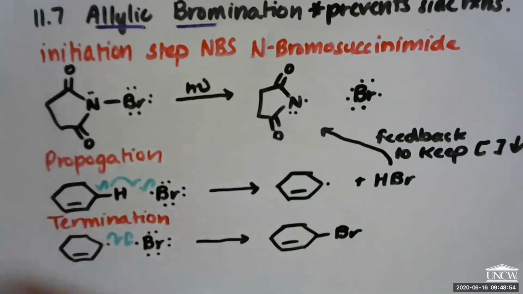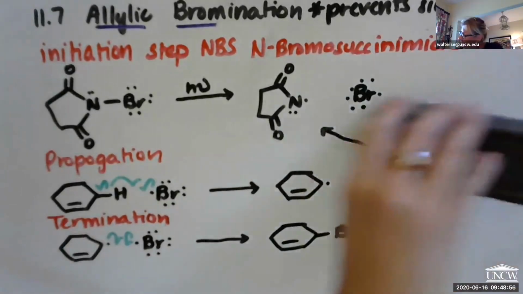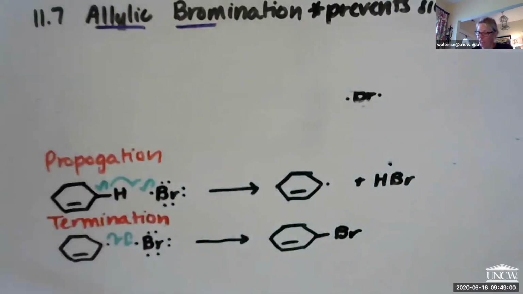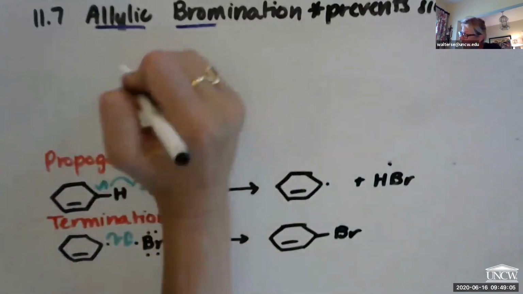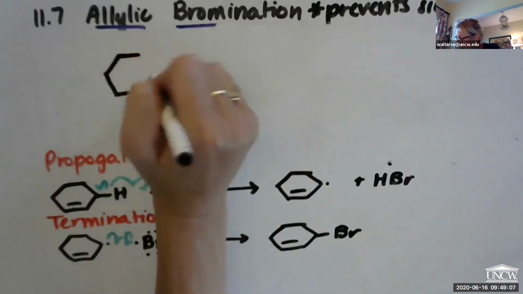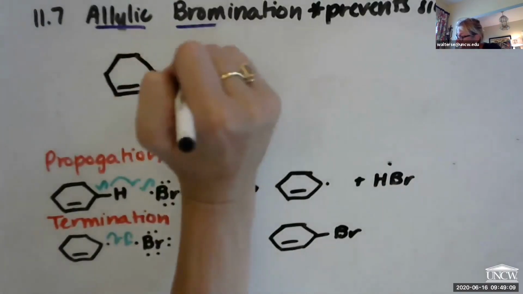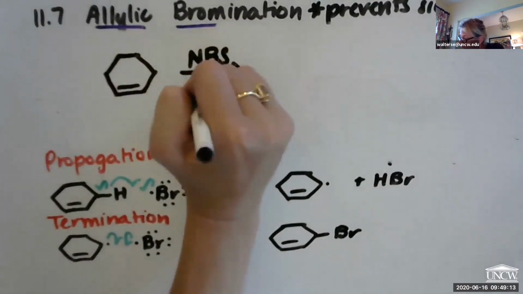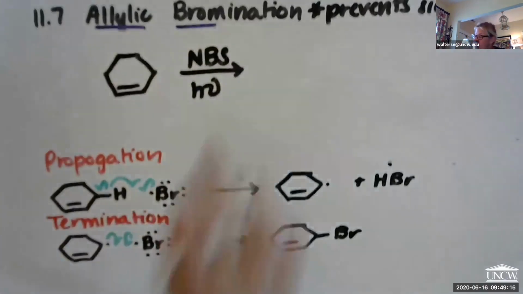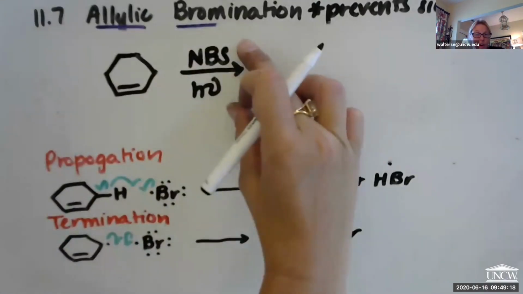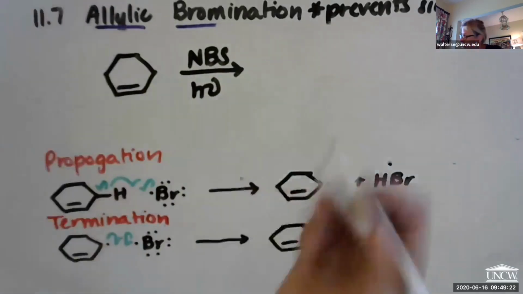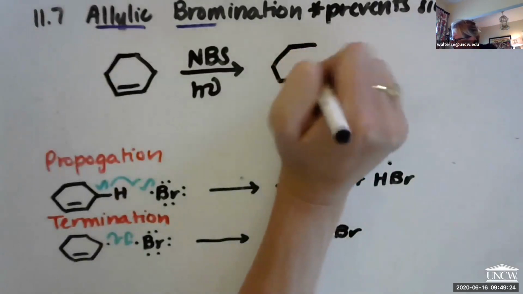Thank you. Yeah, so the way this reaction would be written out on your arrow would be that you would have your reactant alkene like this. And then what you would see over the arrow is the NBS and light. This is the condition. That's all you need to see in order to get allylic bromination, and then your product would just be this.